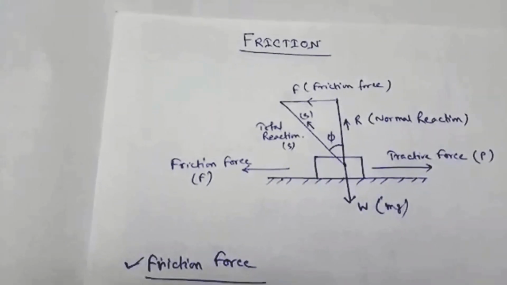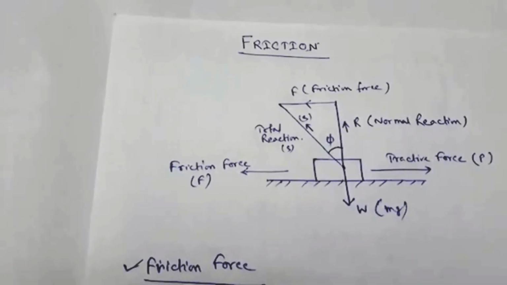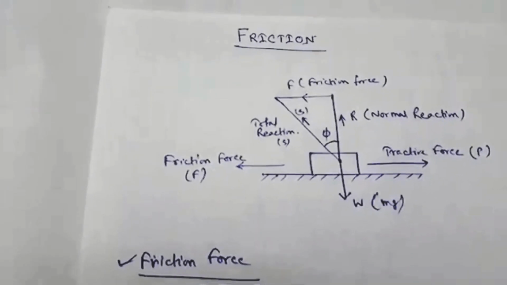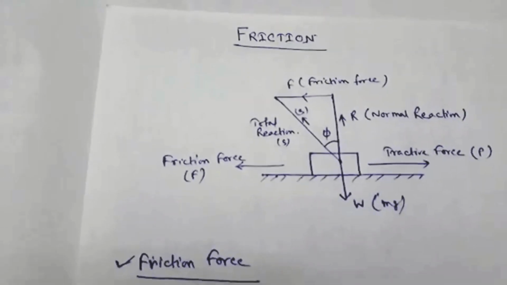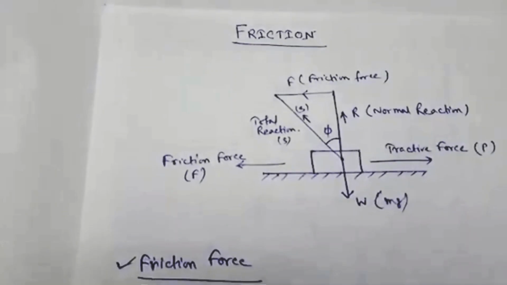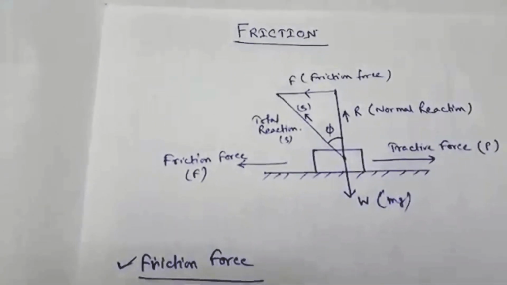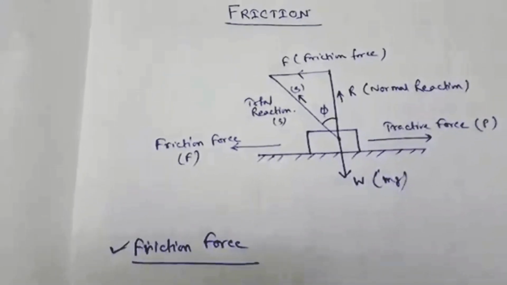This force acts in a direction opposite to that in which motion is sought and offers resistance to the movement of the block. The resisting force acts tangentially to the contact surface and is known as frictional force. So this is friction force.